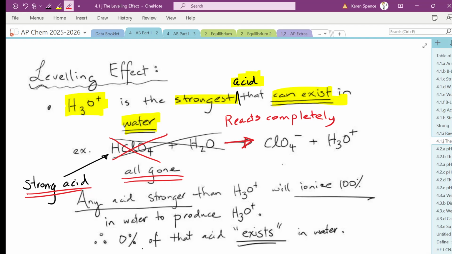And it doesn't matter which strong acid you use. It will be the case for all of the strong acids.